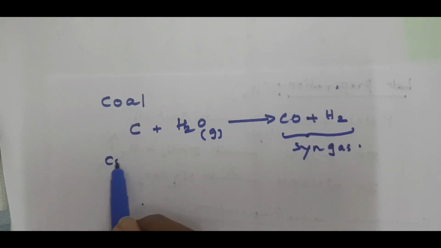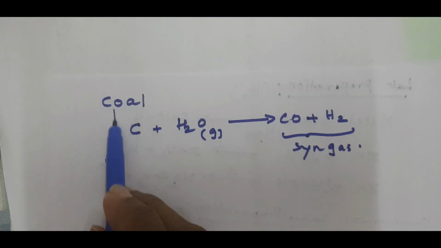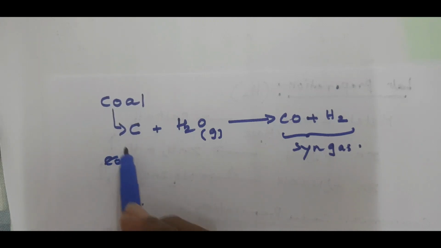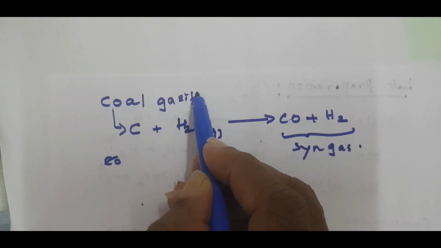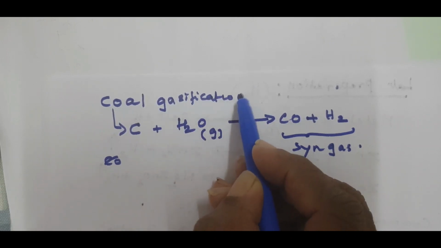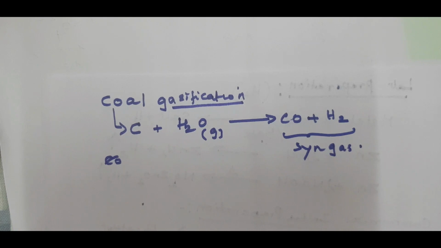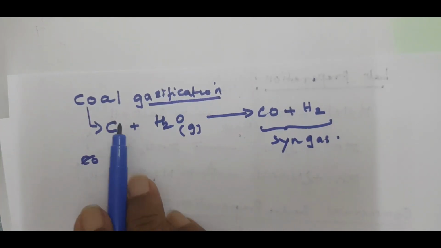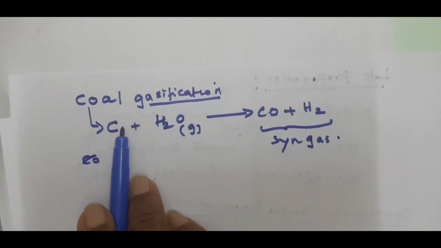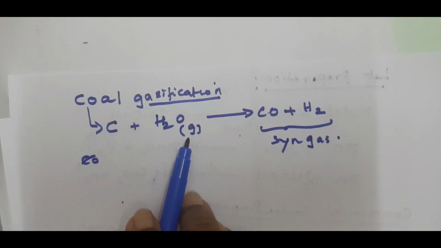So if this syngas is prepared from coal, that process is called the coal gasification process. Now, what is the coal gasification process? It is the production of syngas from coal, that is, coal in reaction with steam.